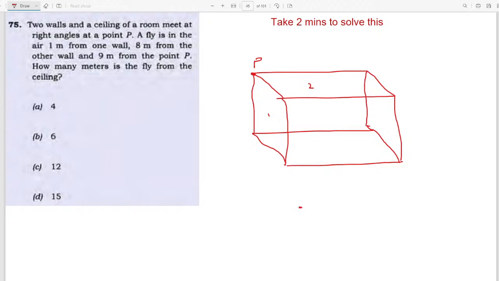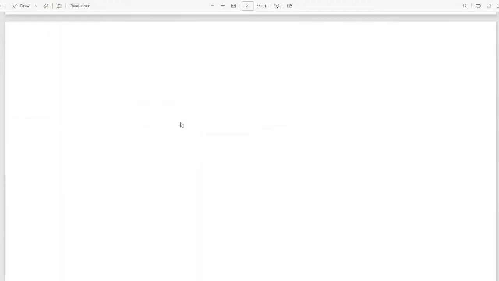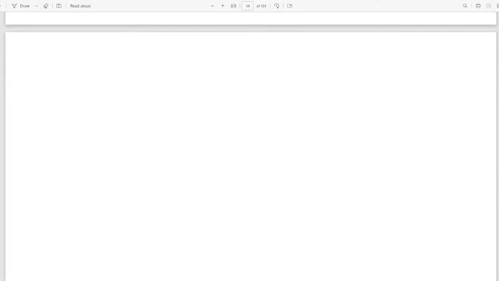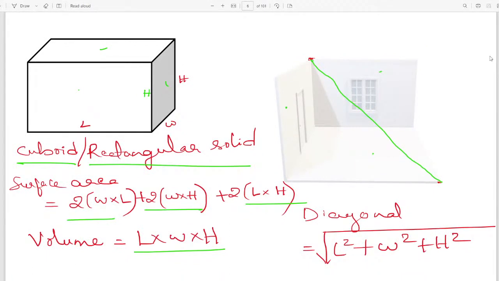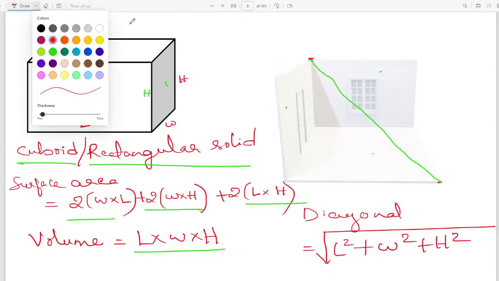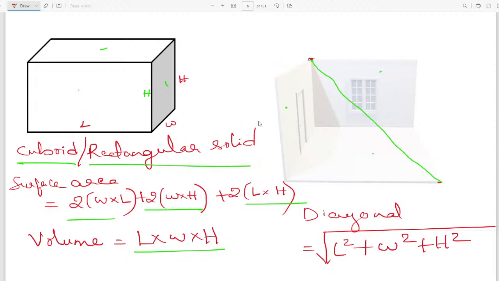I think I can use yesterday's problem, because we have used that. Yeah. So imagine this is point P. If this is the point P, they're saying a fly is flying.